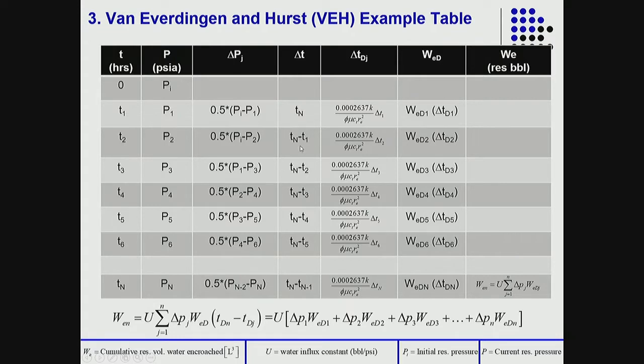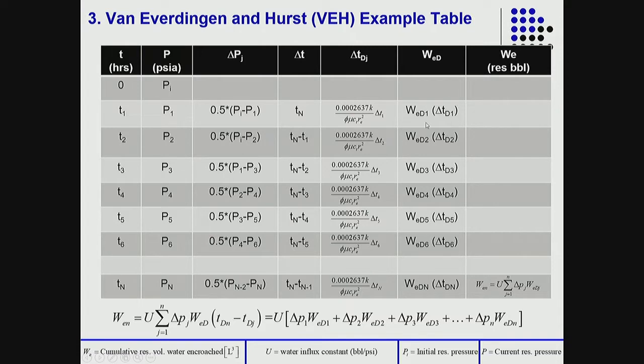And those are times in hours, right? Because T was in hours. You can put it in dimensionless time using our equation for dimensionless time. So you just take this number and multiply it by this coefficient. Now that you've got these delta TD, these dimensionless times, you can evaluate WeD for each of those times. And you can do that, again, using the tables, the plots, the equations.